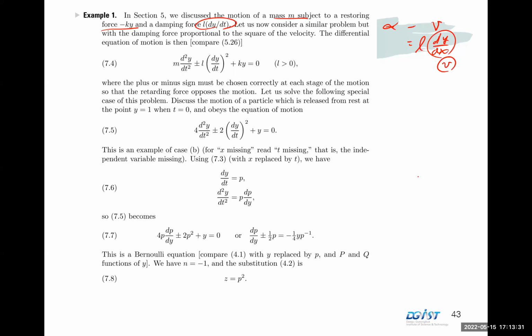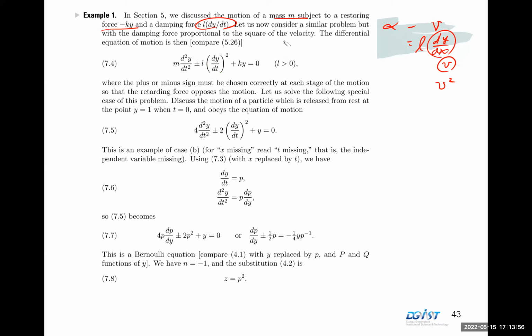But in many cases, the damping force is proportional not to v, but to v square. So we can handle this kind of problem. Instead of L dy dt, we replace it by L times dy dt squared, with another coefficient L.